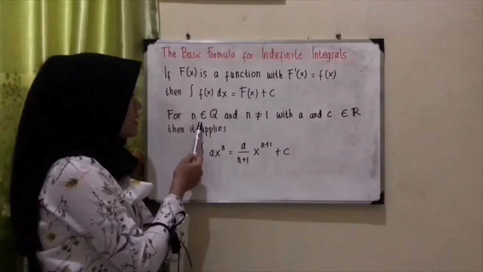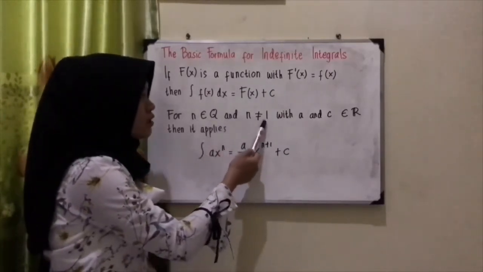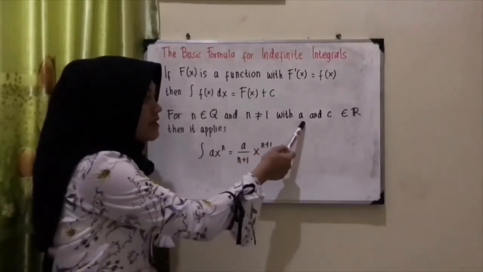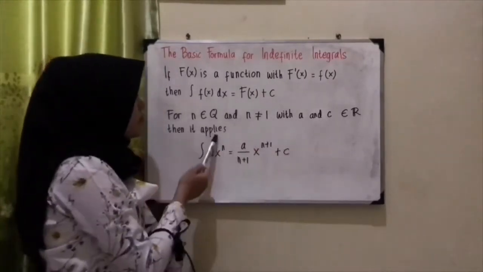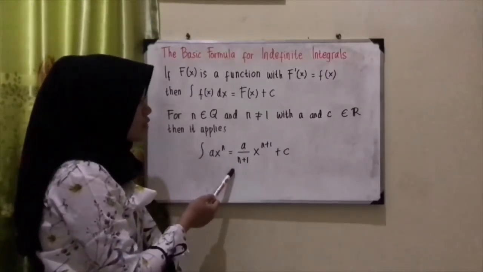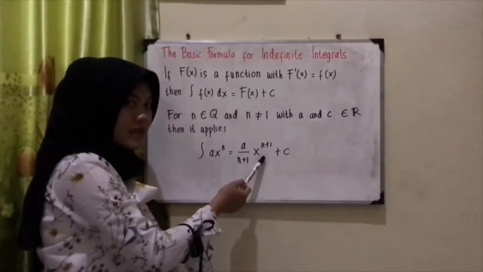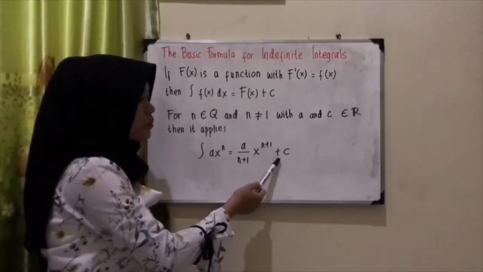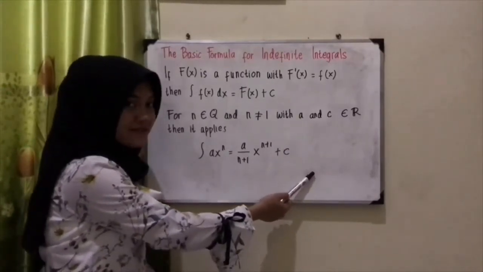For n a rational number, n not equal to minus 1, with a and c real constants, it applies that the integral of a x to the power of n dx is equal to a over n plus 1 times x to the power of n plus 1 plus c, where c is any constant.